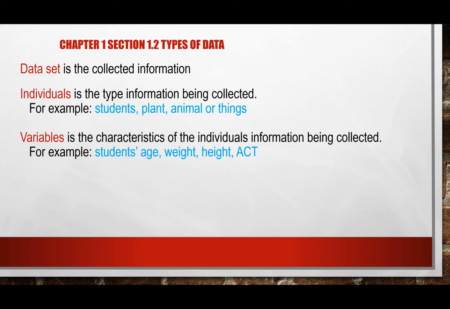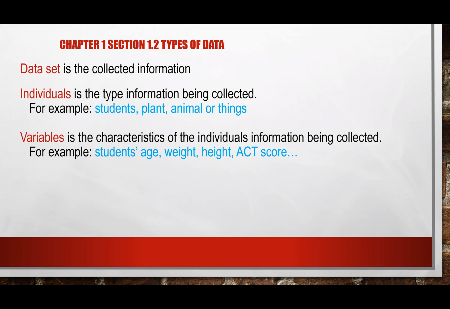Do you collect the student age? Do you collect the student weight? Do you collect the student height? Or the student ACT score? If you collect plants, do you collect how long it's been in soil, how long it's been watered, or how high the plant is, or something in that nature? So each variable is basically a characteristic.